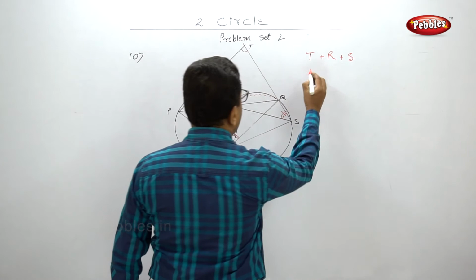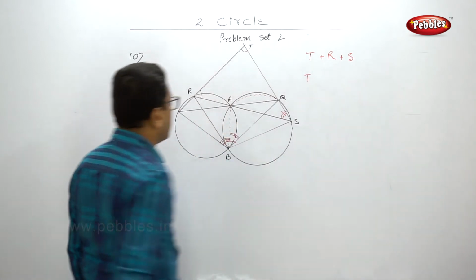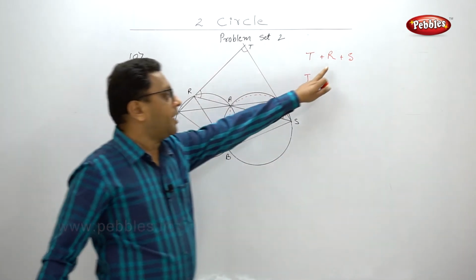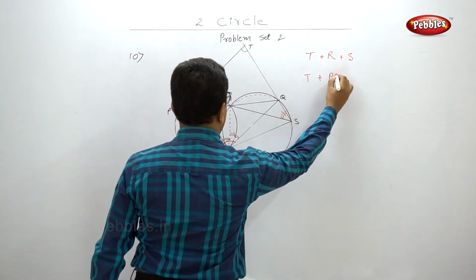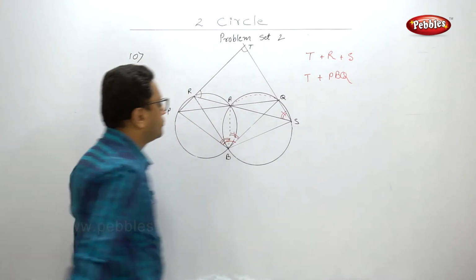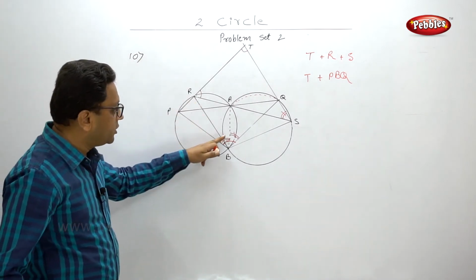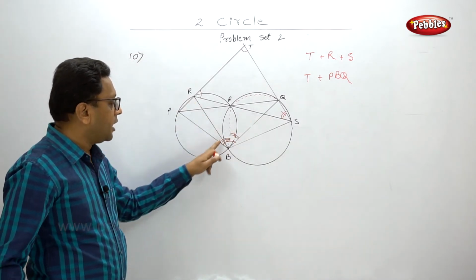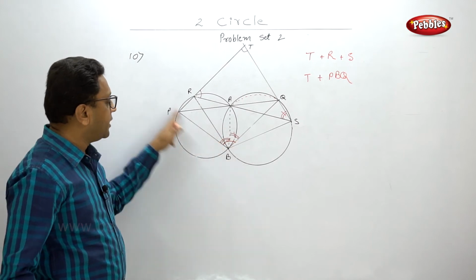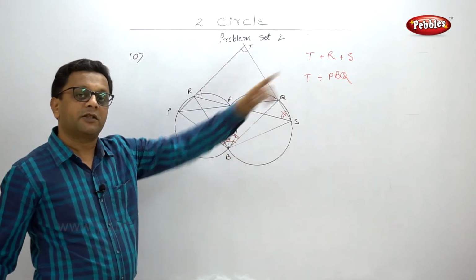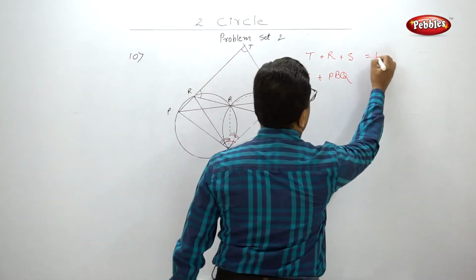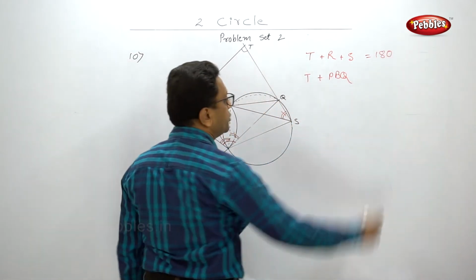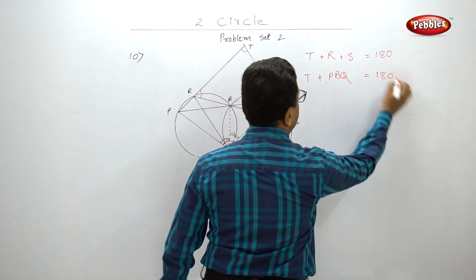So T is there, so instead of the addition of these two I can write plus PBQ. R is the same as this, S is the same as this, and by angle addition you can write that PBQ is equal to R plus S. And in this triangle, this is equal to 180 degrees and so this is also equal to 180 degrees.